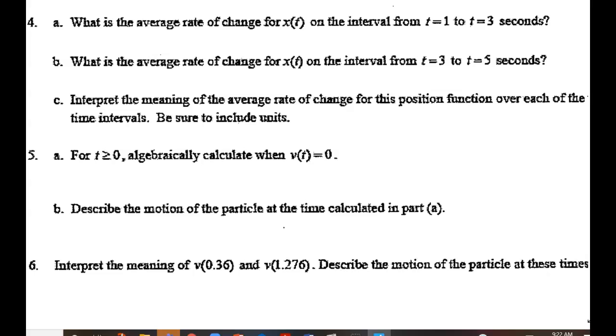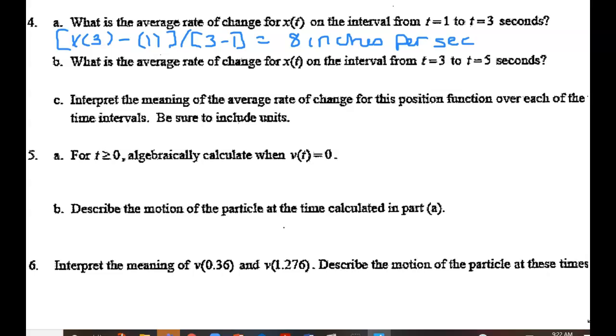So that means you're looking at x of 3 minus x of 1 all over 3 minus 1. And you should get 8 inches per second.